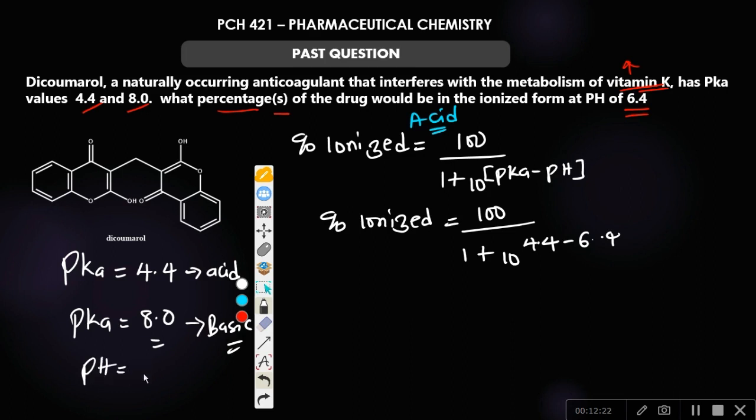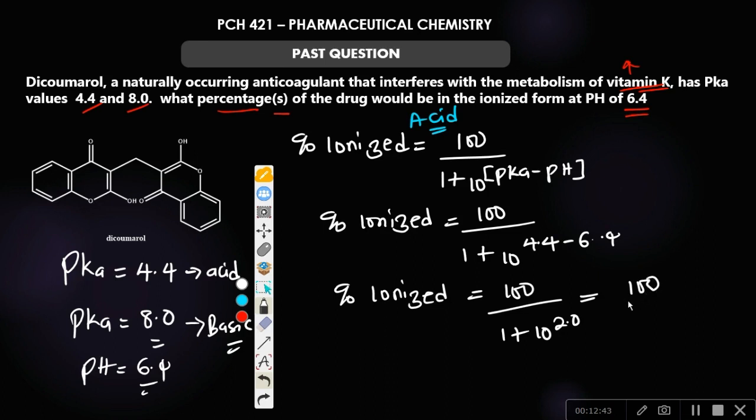The pH given is 6.4. The pH is the pH of the body fluid, or the part of the body where you want to ascertain the ionization. So percentage ionized will be 100 divided by 1 plus 10 raised to the power of 4.4 minus 6.4. What would that give to us?